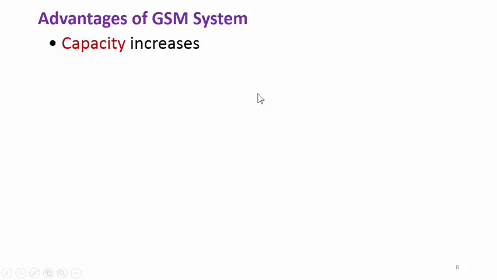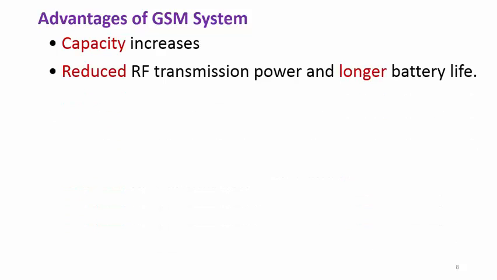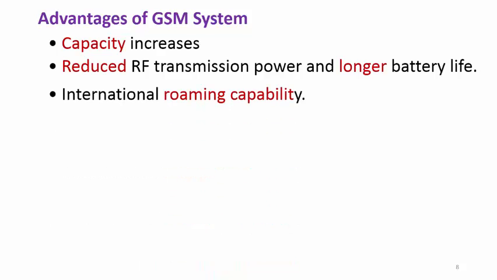Then the advantages of the GSM system. The first one is the increase in capacity due to TDMA and the time slots, so the number of customers with better service. Then reduced RF transmission power and longer battery life.